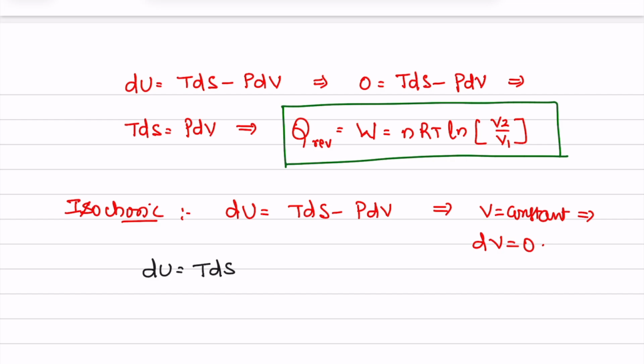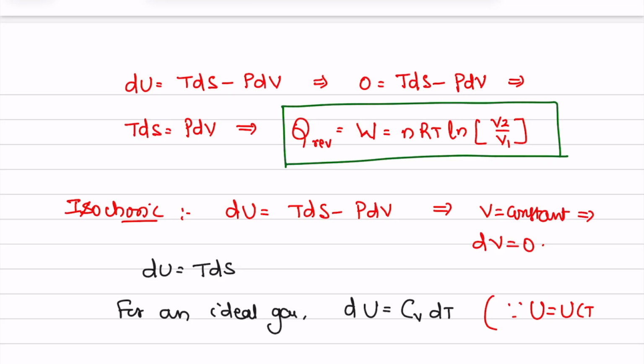For an ideal gas, dU is equal to Cv into dT, because U is a function of temperature.